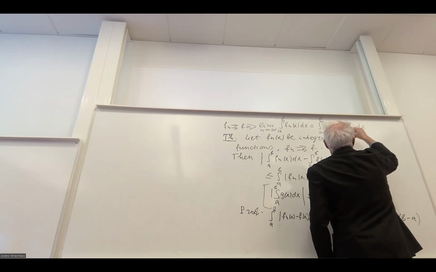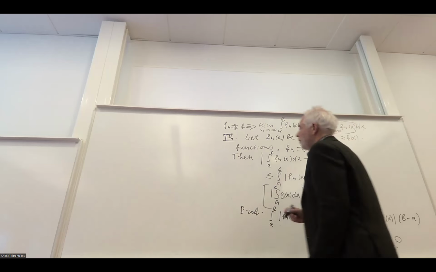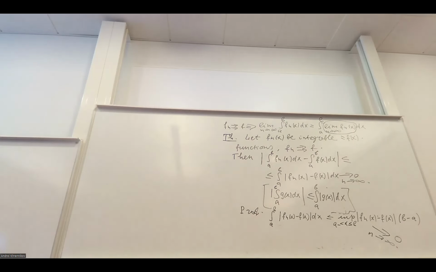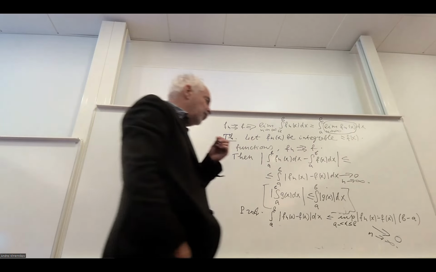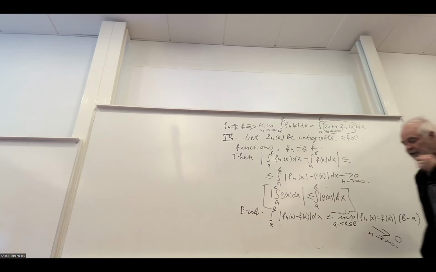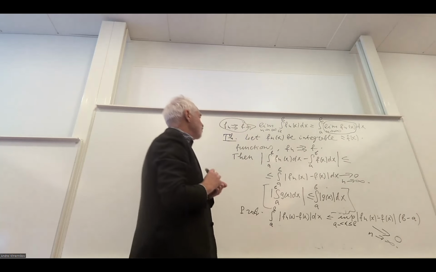So if a sequence converges uniformly, we can exchange limit and integral. In some ways this complements Lebesgue's theorem, but Lebesgue's theorem is different. In Lebesgue's theorem, we have only pointwise convergence, but all functions are bounded by an integrable function. Here we have stronger convergence, uniform convergence.